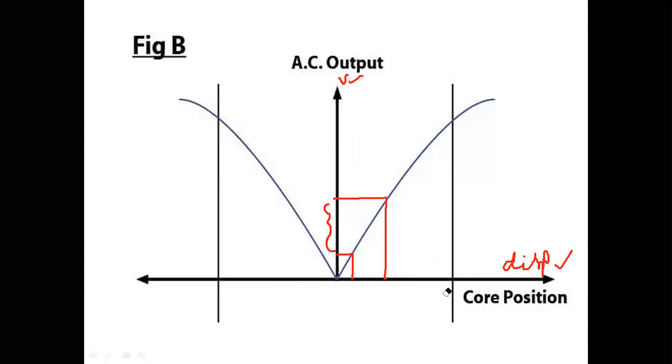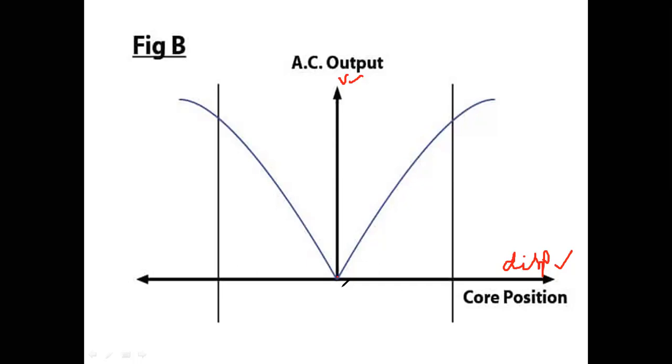Now, one point to remember is that every instrument has some range. Beyond that range, if we use that instrument, it may show non-linearities, and afterwards it shows wrong values, and the instrument may be damaged.